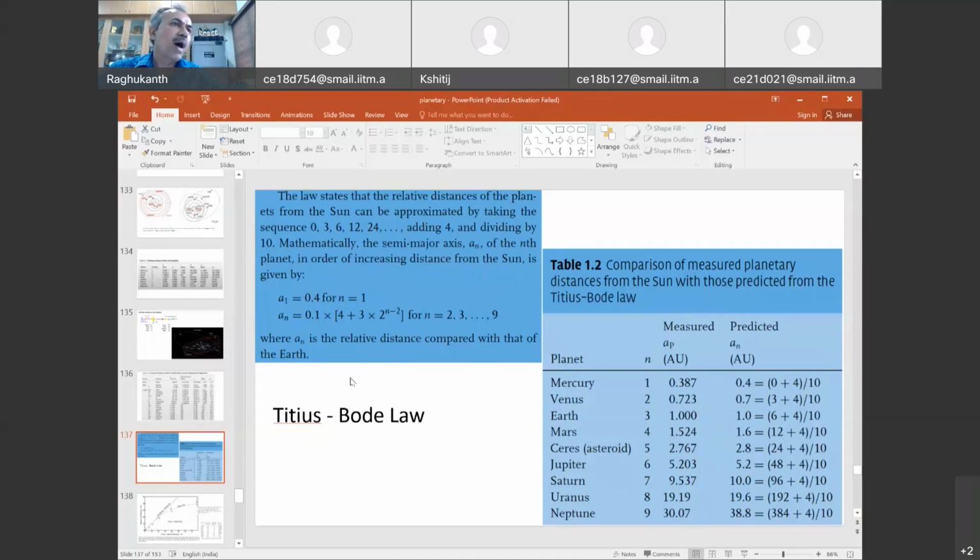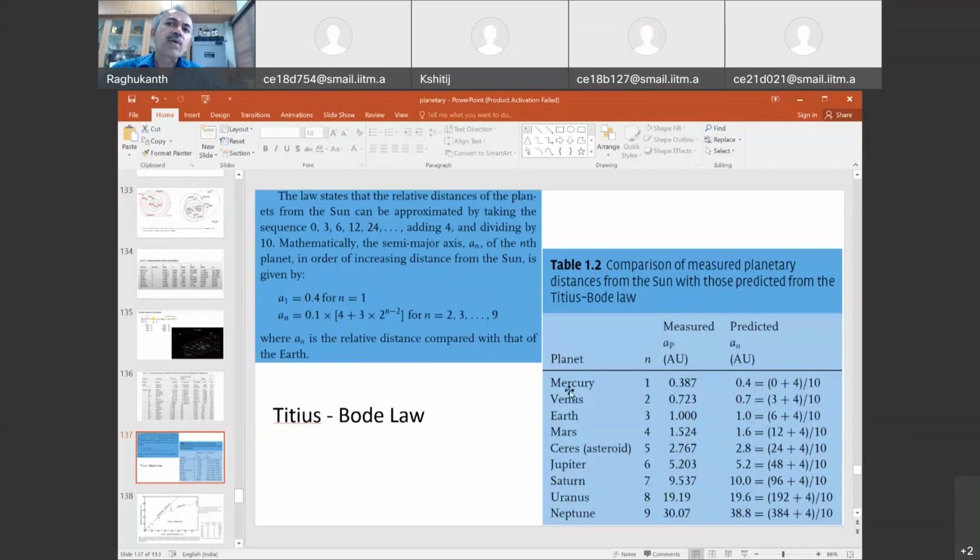This is a very simple law which is widely used in planetary sciences, if you are looking at any solar system, not only our solar system but some other galaxy, to identify where planets will be approximately located from a given star. Why it works in practice, nobody knows, but it works very well, a very good approximation.